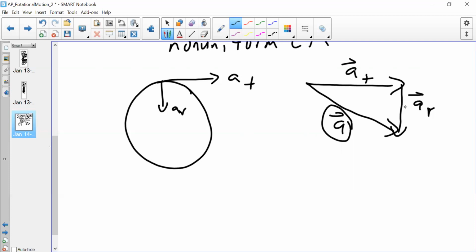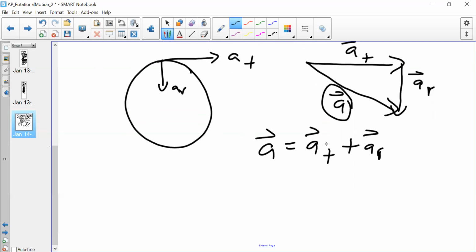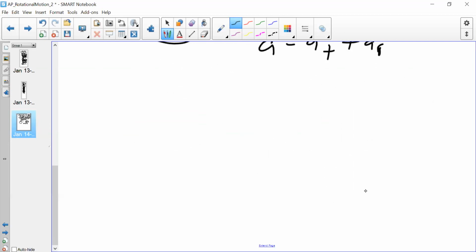And so that's what we have. So a sub T plus a sub R. Hopefully that's good with you guys on that conceptually. Ask all questions, of course.